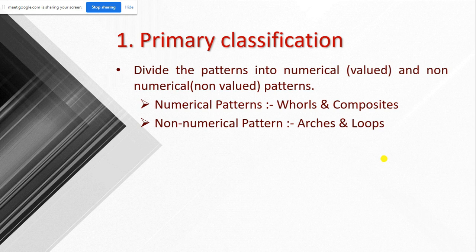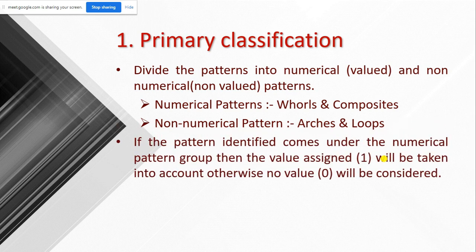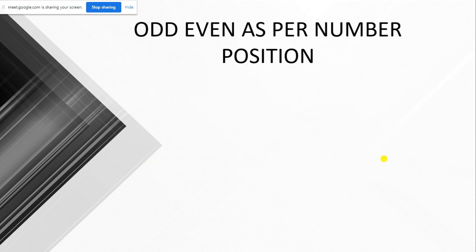And if any finger has a pattern which is anything except the whorls and the composites, that is, arch, tented arch, ulnar loop, radial loop, then they are non-valued or non-numerical patterns and they have a value of 0. If the pattern identified comes under the numerical pattern value, then the value assigned is 1, and otherwise the value will be considered as 0.